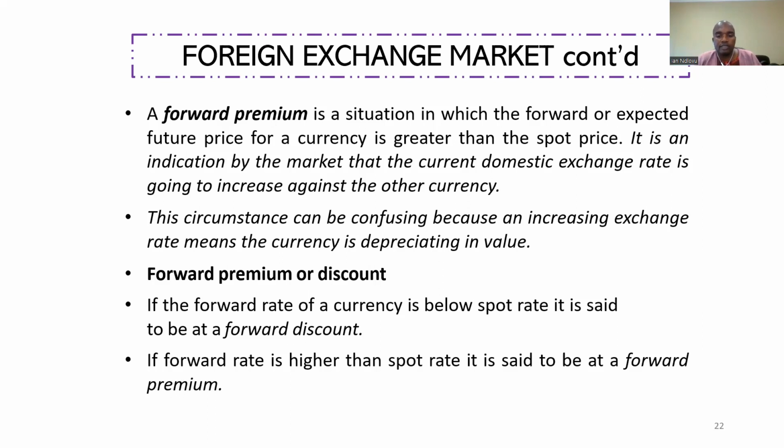If the forward rate is higher than the spot rate, it is said to be a forward premium, which is what I just defined on the first bullet. In terms of exemplification, say the exchange rate between the USD and the South African rand is 1:15, and then the forward rate is going to be 1:15.5.